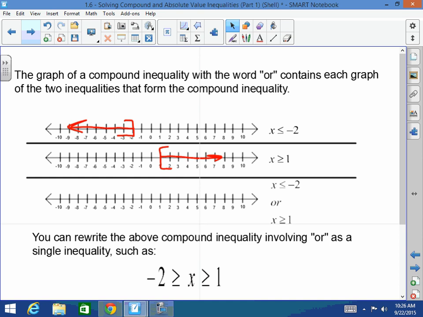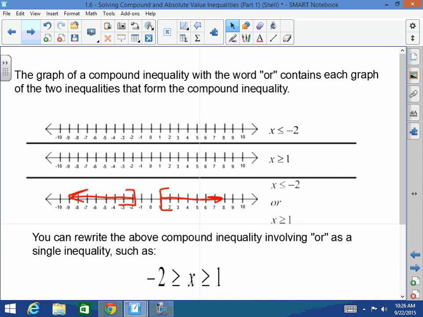When I have an or, think about it, it's an either-or. It's not a situation where both things are intersected. These are two different possibilities. So I have x is less than or equal to negative 2, or x is greater than or equal to 1.